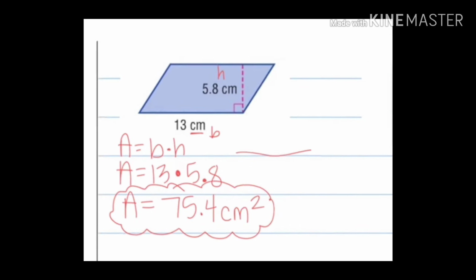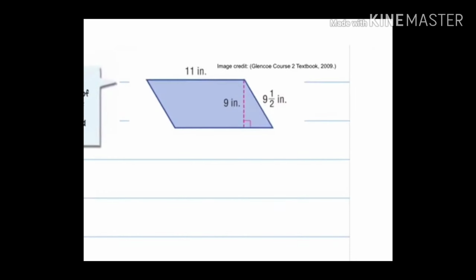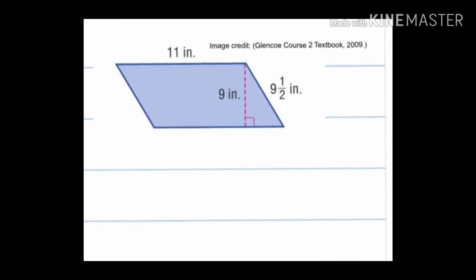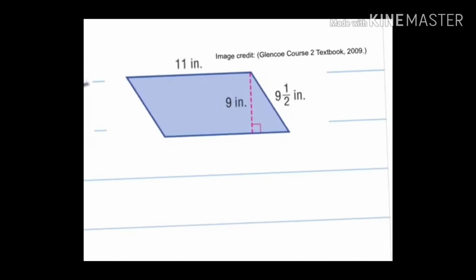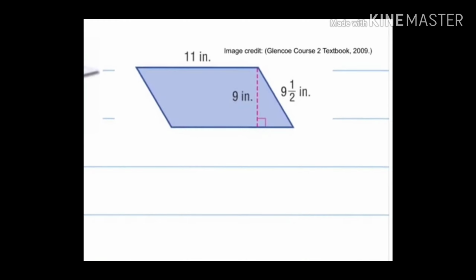Okay, if we look at this one right here, this is also a parallelogram. This time it has 3 things labeled. So we have to be really careful when we look at a parallelogram like this, because this is our base, this is our height, and this is a side.